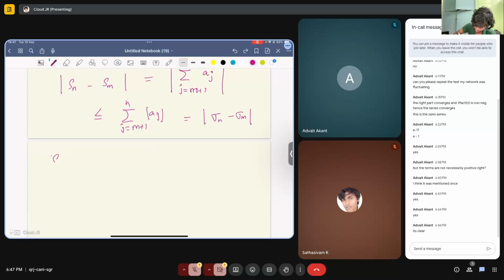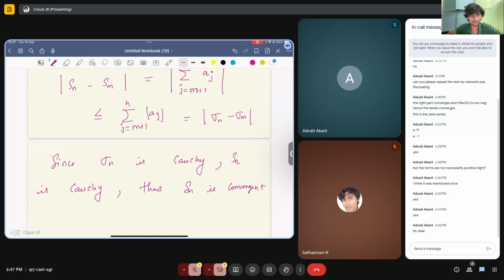Since sigma n is Cauchy, Sn is also Cauchy, hence convergent. Okay. So that is all.